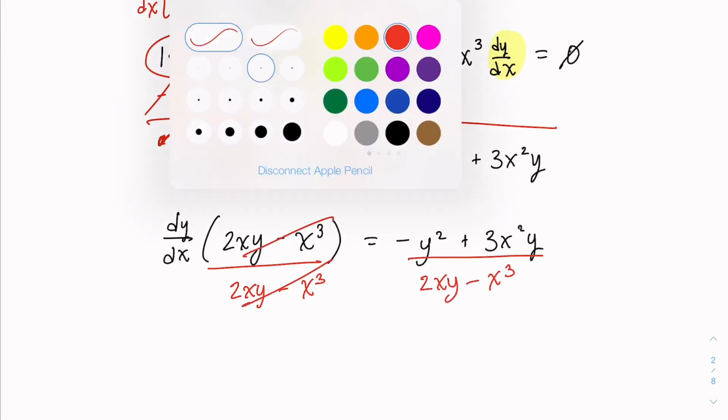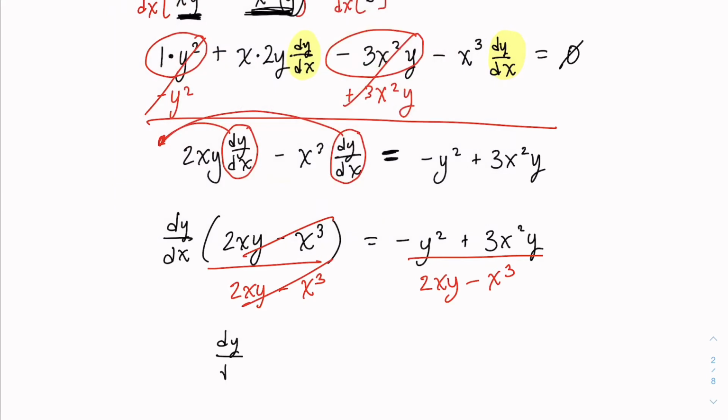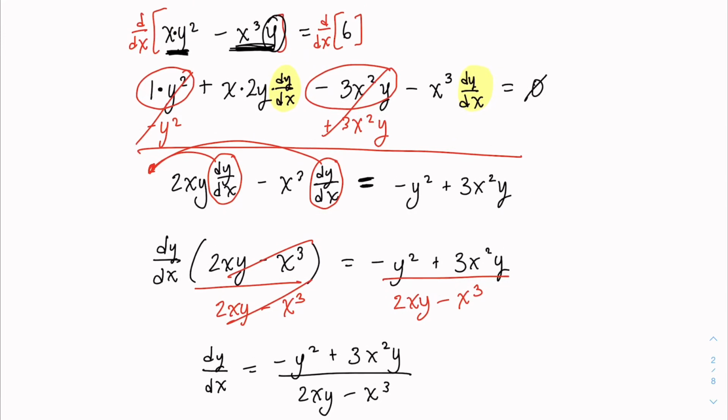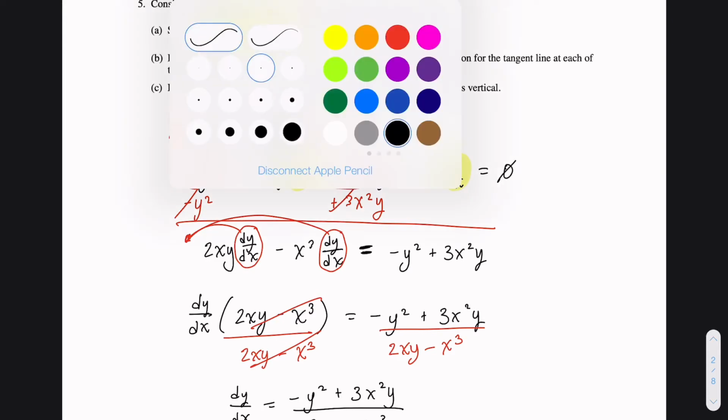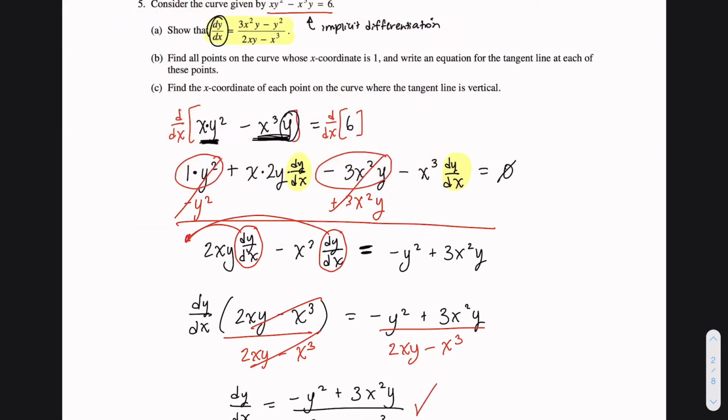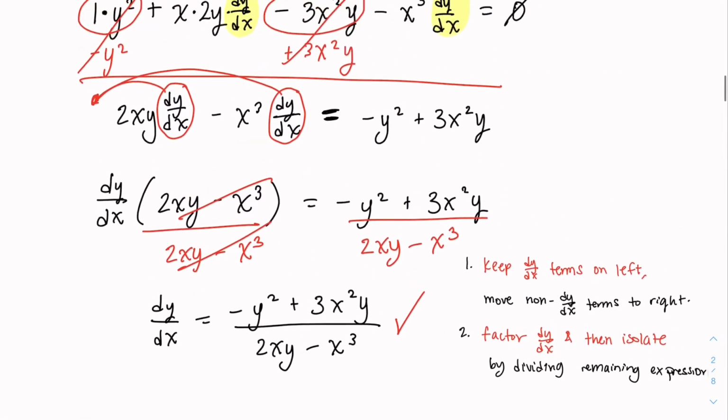These will disappear, leaving me with my final answer, dy dx equals negative y squared plus 3x squared y all over 2xy minus x cubed, which, comparing with the original problem, matches exactly, except they had just put 3x squared y in the front, ours is at the end, but notice the signs are the same. They're both positive, and then negative y squared is also there. So we'll put a check mark to indicate that we're done.